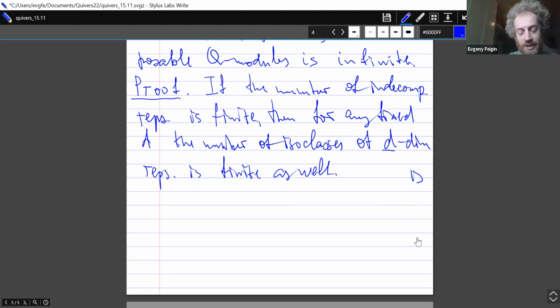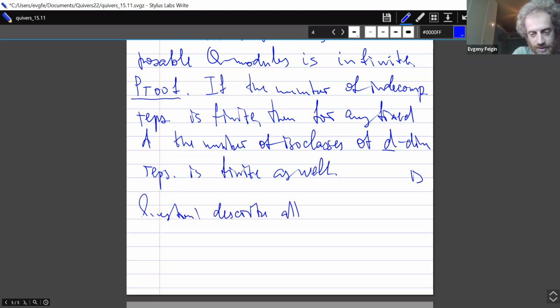So at least, if you are interested in the question we are going to study, to describe all quivers with a finite number of indecomposable representations.